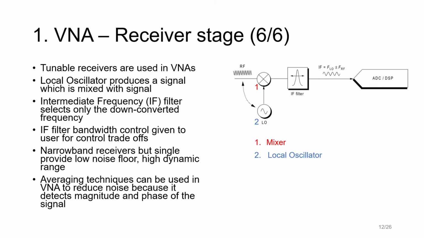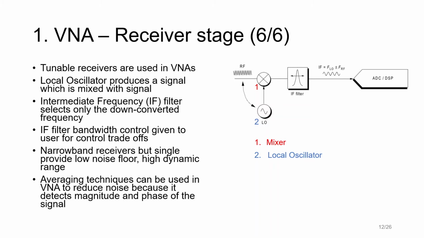Tunable detectors use a mixer and down convert the high frequency signals to signals of an intermediate frequency, and this intermediate frequency is essentially the difference between the frequency of the RF signal and the frequency of the local oscillator.